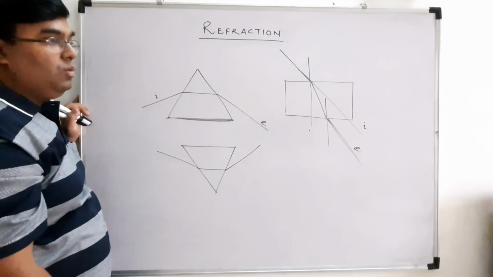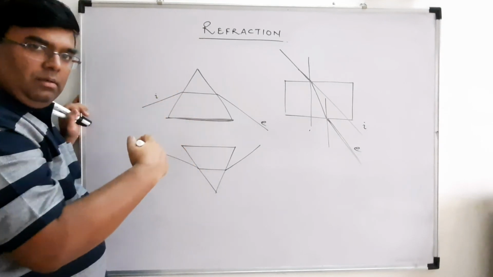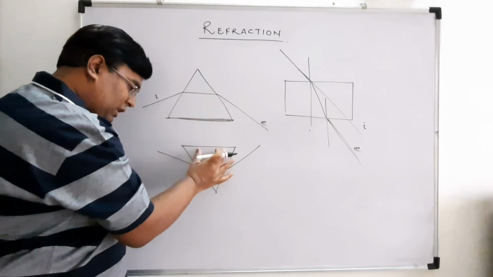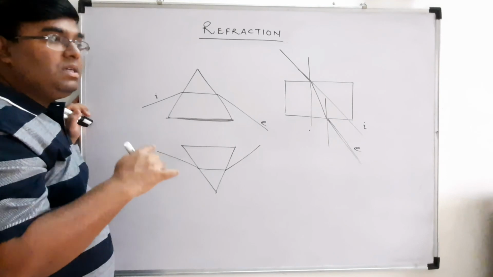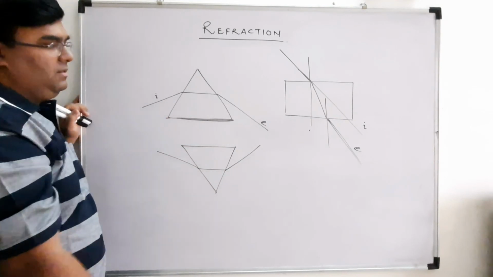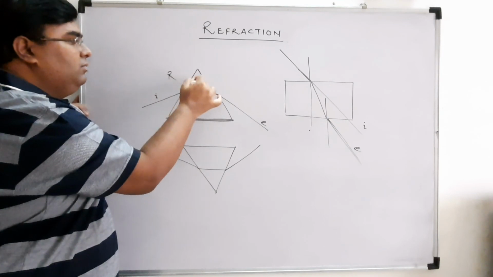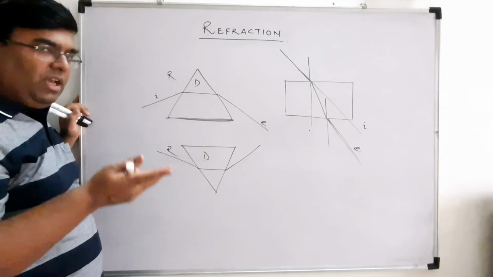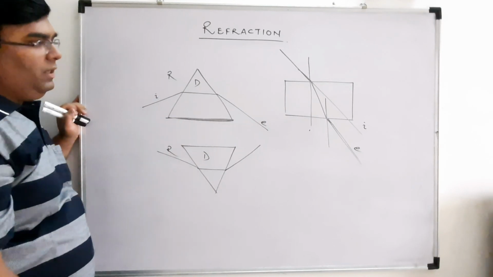So if you want to move your emergent ray downwards, keep the base down. If you want to move the emergent ray upward, keep the base upward, because the emergent ray will always move towards the base, always, right? If it is moving from, of course, rarer to denser, this is my rarer, this is my denser. If you change the medium, something else will happen. Okay, remember this point.